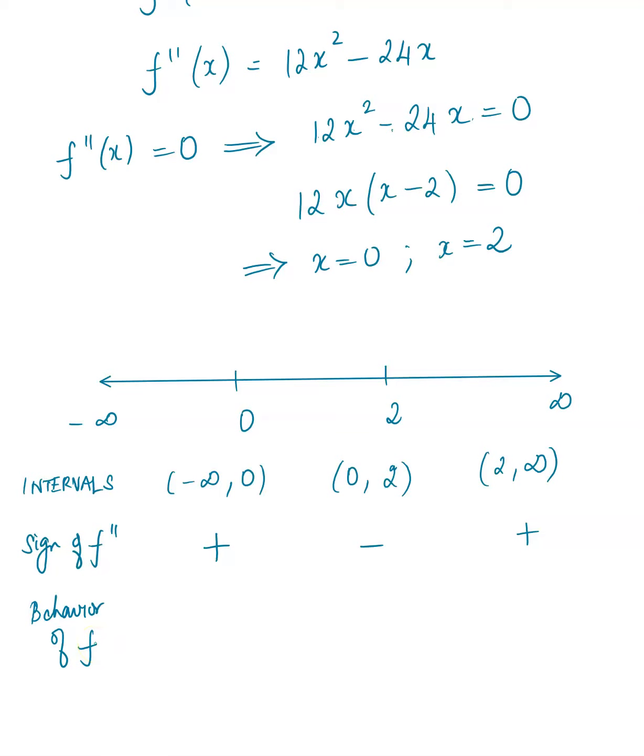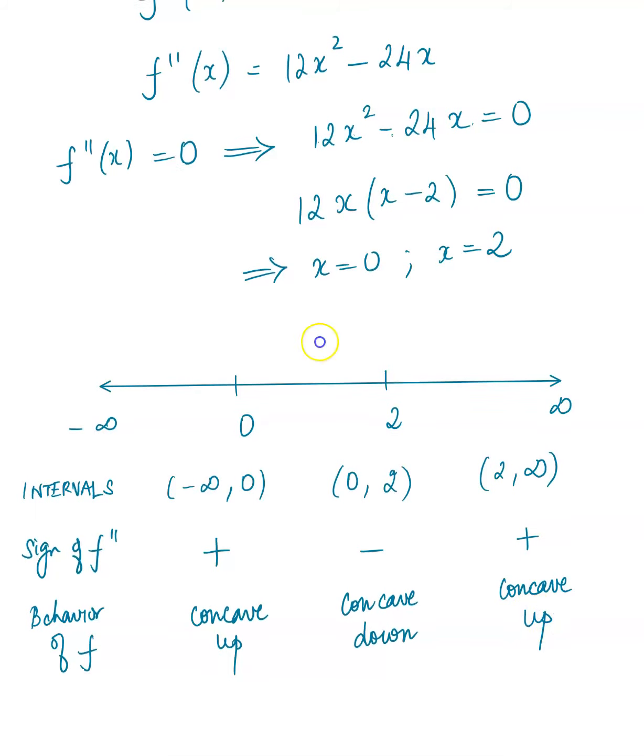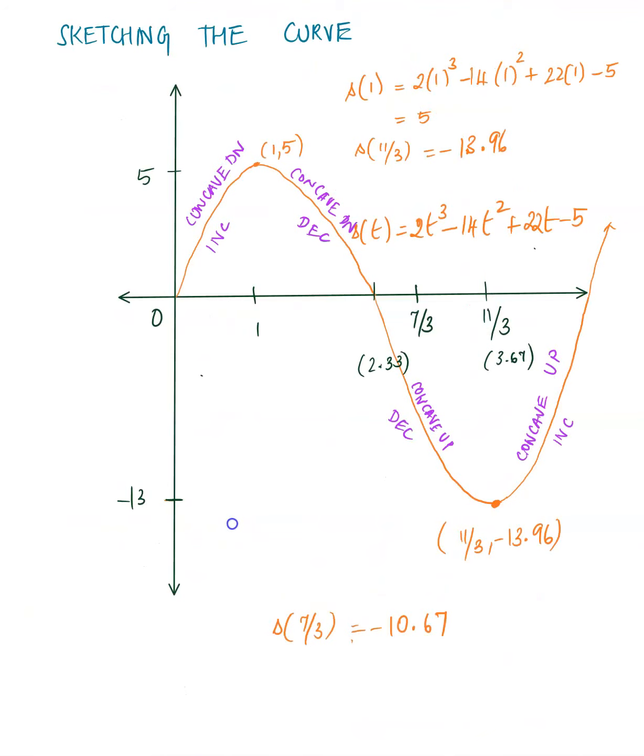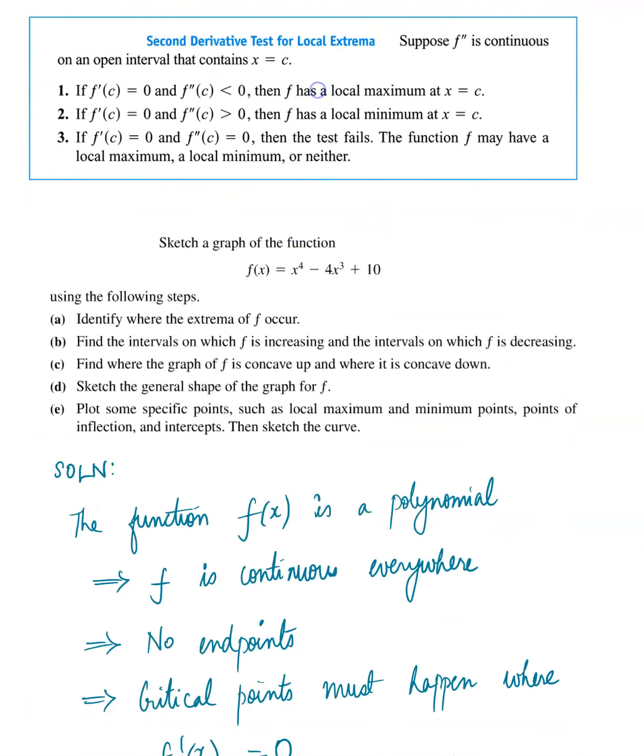The behavior of f will be that this is positive, so it's going to be concave up, concave down, and concave up. That's your C.